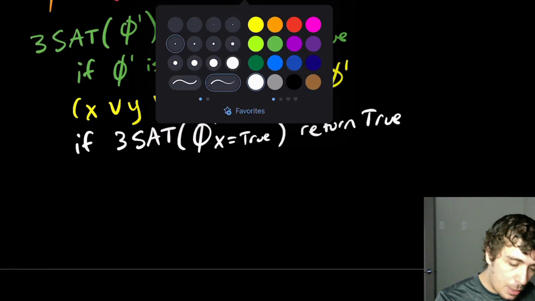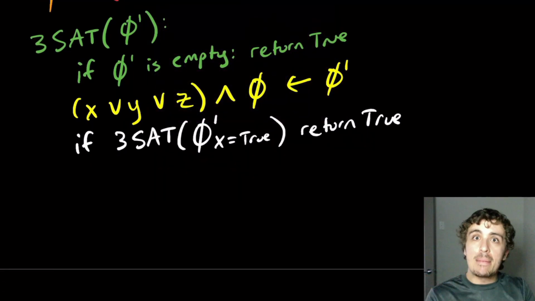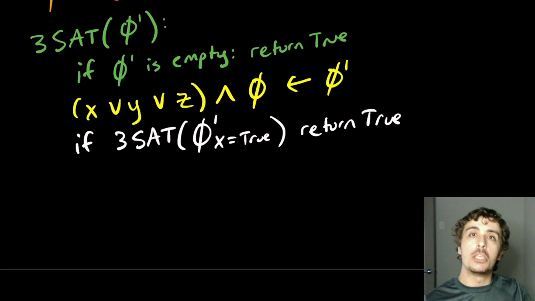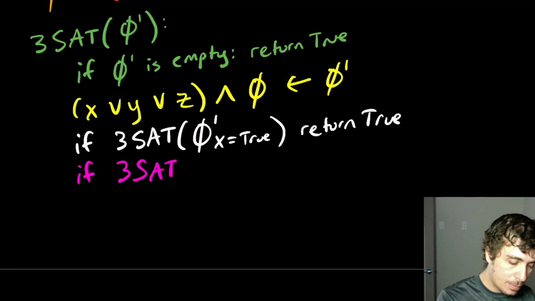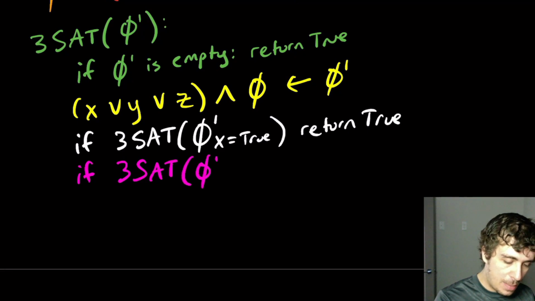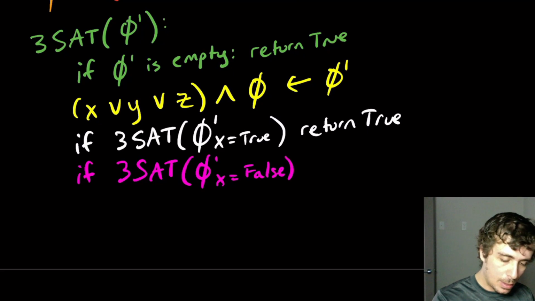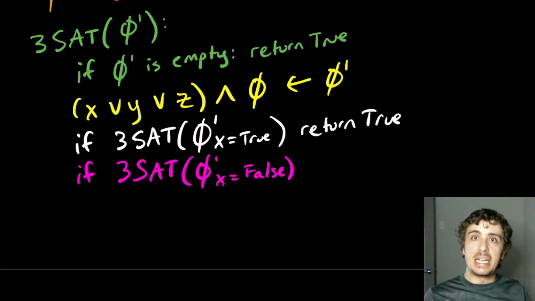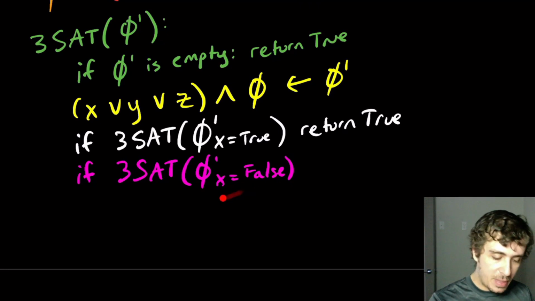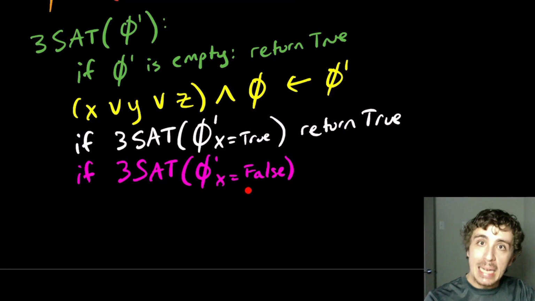Then in the other case, let's test the same idea, but where we set x to be false. So if 3-SAT of phi prime with x set to false comes back and says yes, it is satisfiable, then there is a satisfying assignment where x is false.